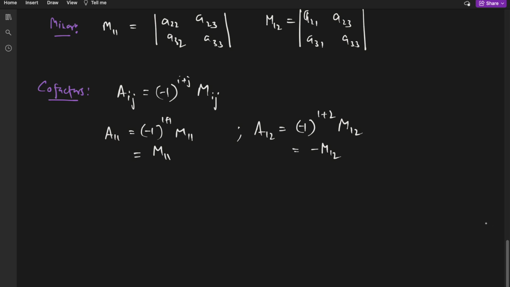Now we will calculate the adjoint. The adjoint is very simple.